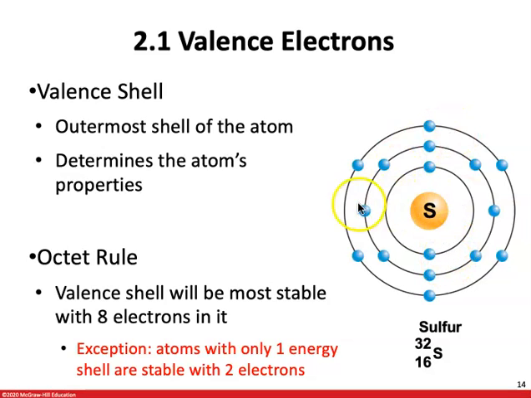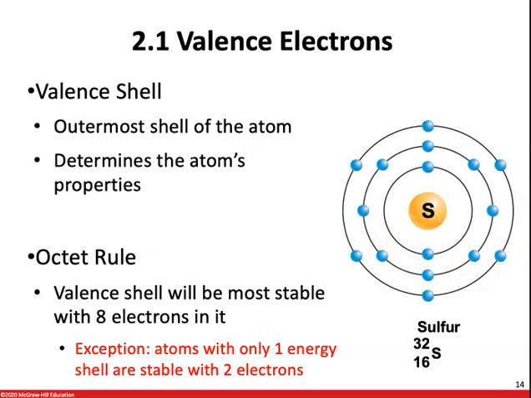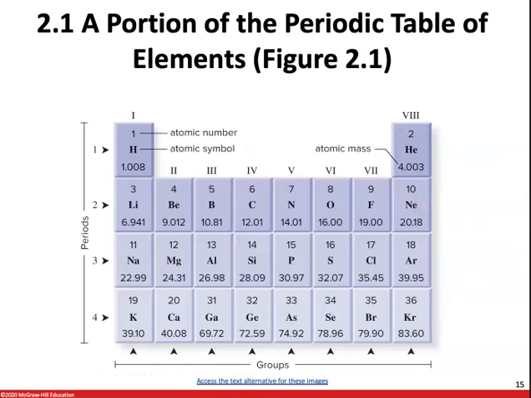So in other words, when we have a completely full energy shell, the atom is stable and it's not going to be terribly reactive. Now, if you remember, when we talked about the periodic table, we talked about this section over here. We talked about how in this group over here, we have our group 8 atoms, and these are going to be our noble gases.